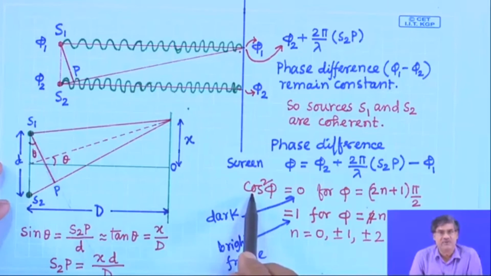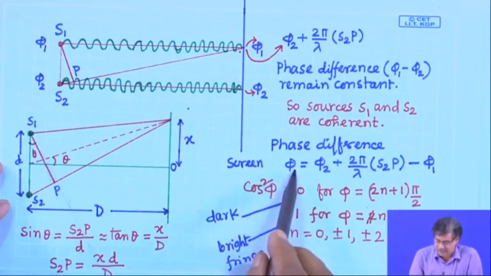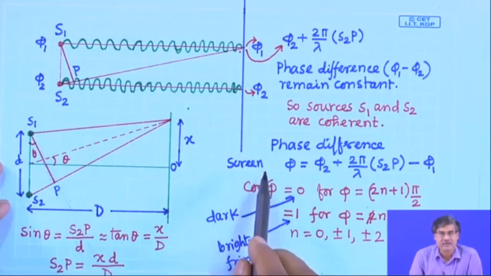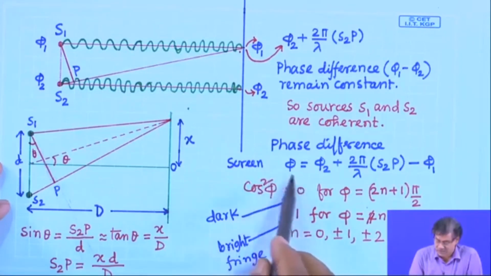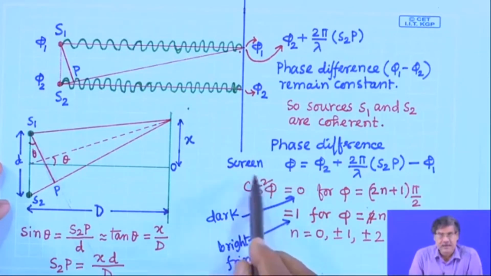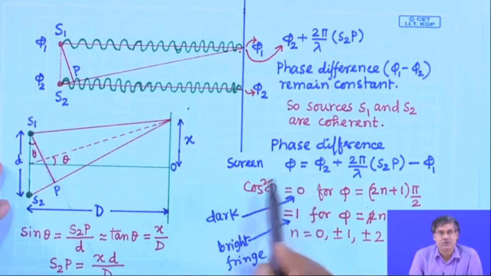So, cos square phi, 4a square cos square phi. Now, whether cos square phi will be 0 or 1.